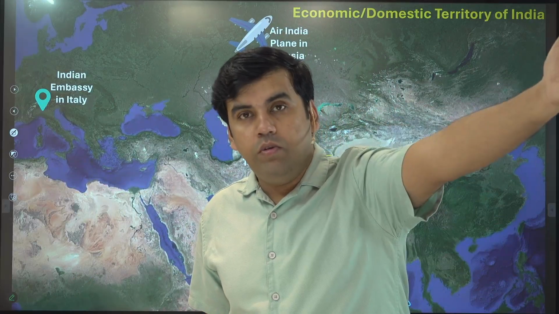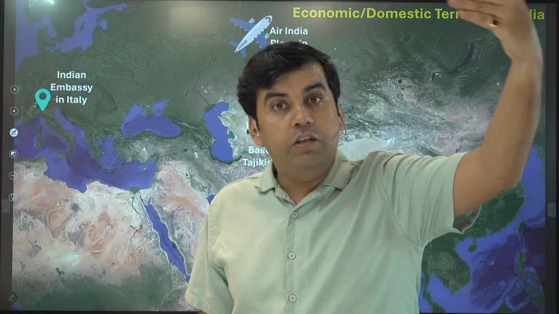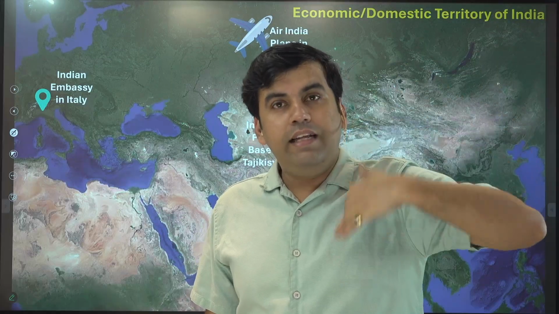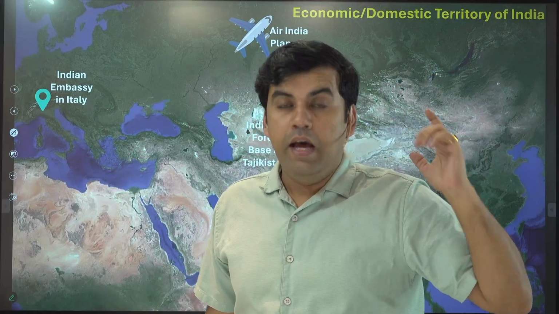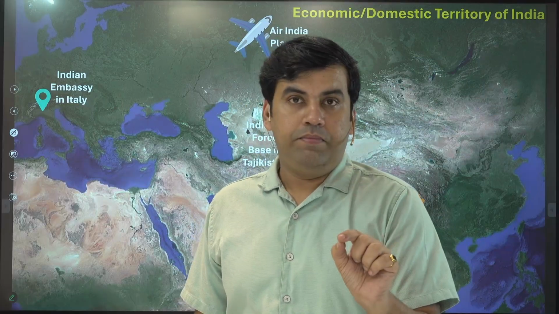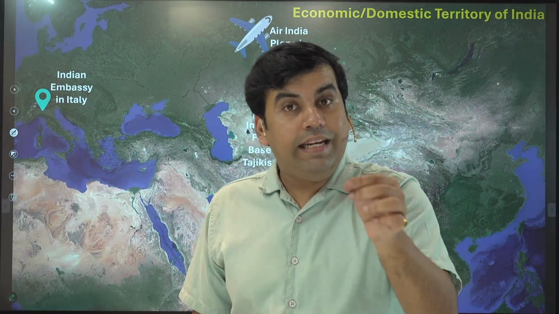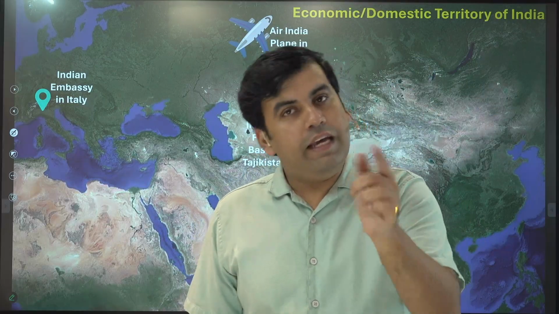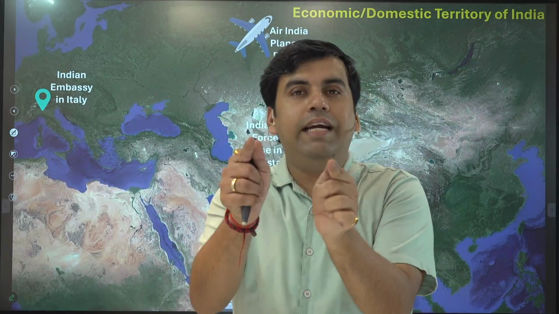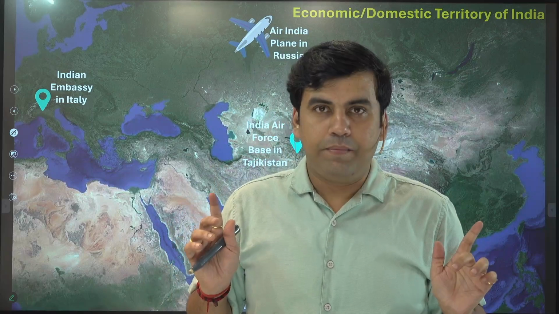It's not in India's territory. It is outside the exclusive economic zone, outside the territorial water of India, outside India's domestic territory. But it is an Indian ship, so it will be included. It is considered to be India's domestic territory.